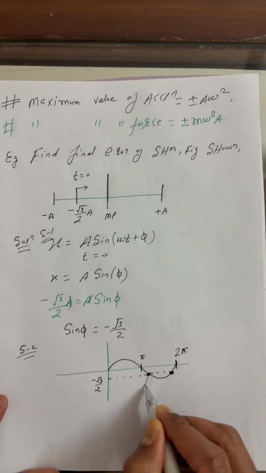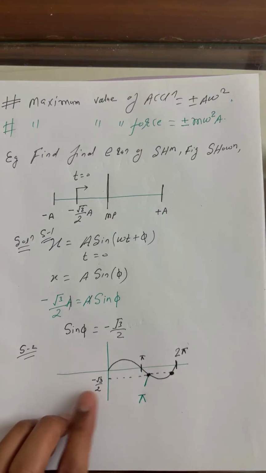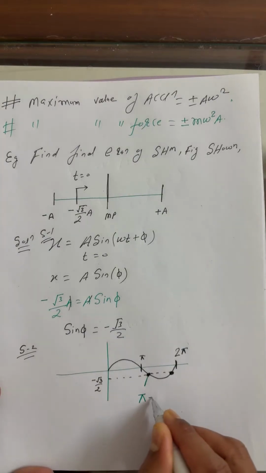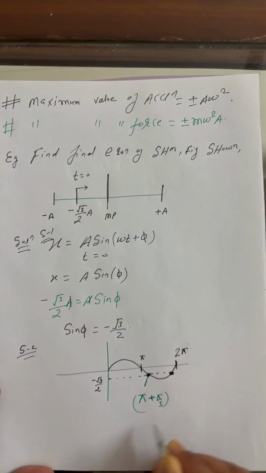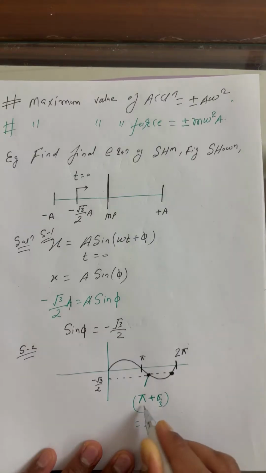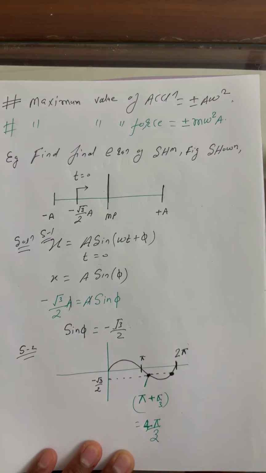This value you can write: this is pi, and this is root 3 by 2. What is the value of sine? Pi by 3. So here you can say pi plus pi by 3, which is 4 pi by 3. This is 4 pi by 3.